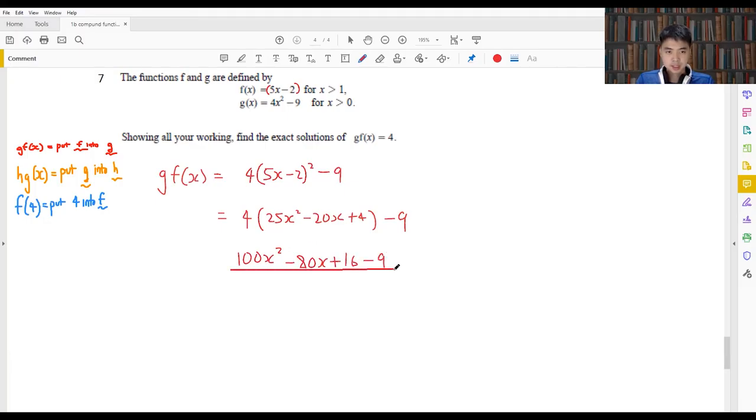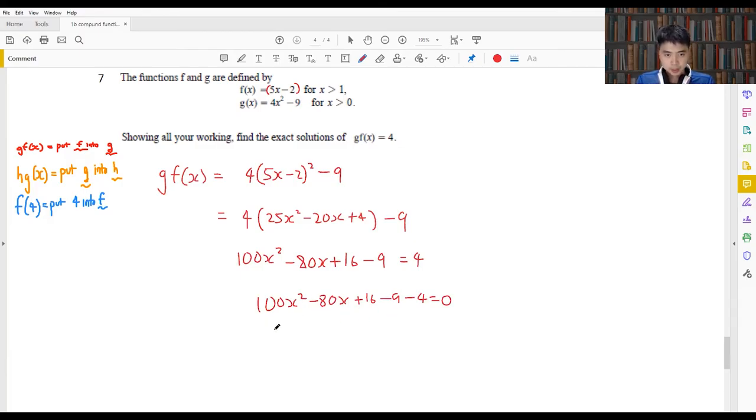And this is actually equals to g of x, which is equals to 4. So we equate this to 4, okay? And what we have here is actually a quadratic equation. So bring all the numbers over, you would have gotten 100x squared minus 80x plus 16 minus 9 minus 4 equals to 0. In order for us to solve the quadratic equation, we needed this to equal 0.